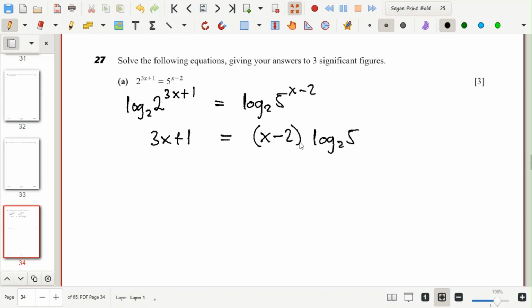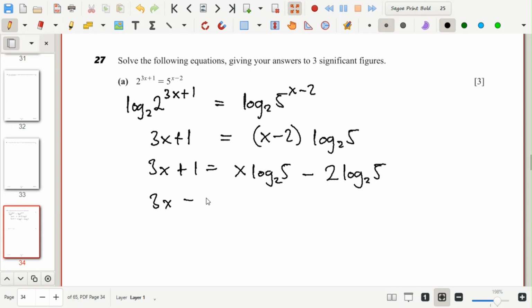All right, so I prefer to expand. Now this is the same as x log 5 to the base 2 minus 2 log 5 to the base 2. So I'm trying to make x the subject. So let me bring this to the left hand side, and I'm bringing this one here.